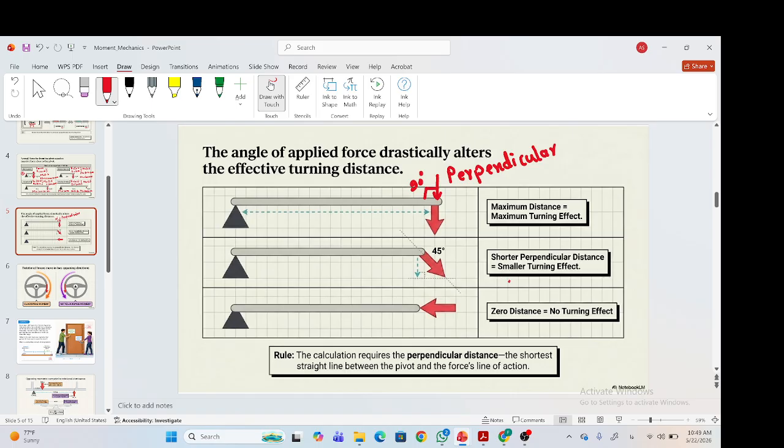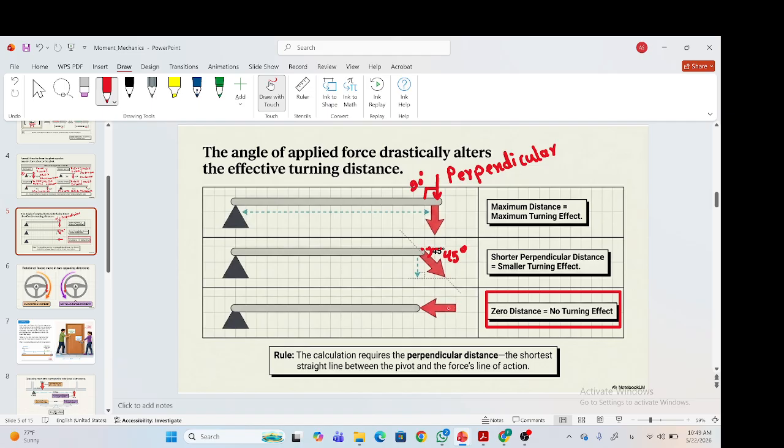For example, if you apply the force at a specific angle, the effect of this force will be decreased. But what will happen if you apply it directly in the exact direction of the object? The effect of the force will be equal to 0.